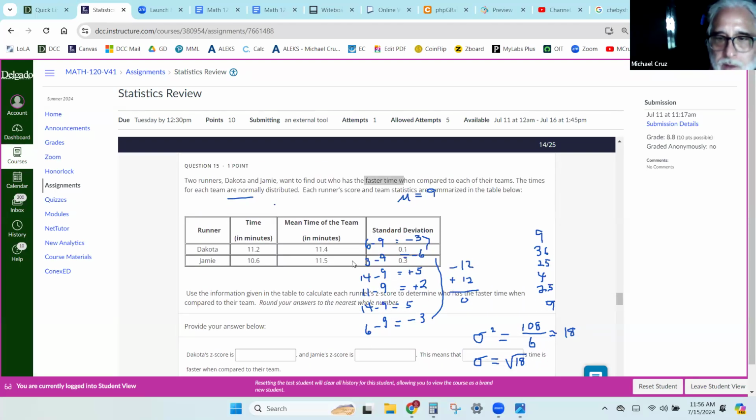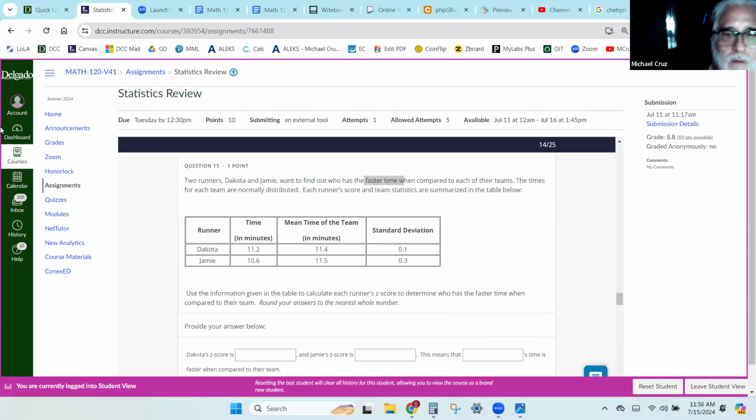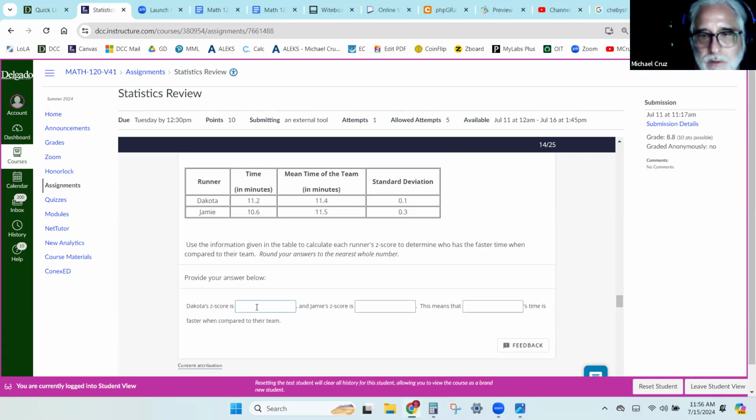So Dakota has a standard deviation of 0.1. And so she is doing better. So Dakota's score is 0.13. That means Dakota's time is faster when compared to the team.